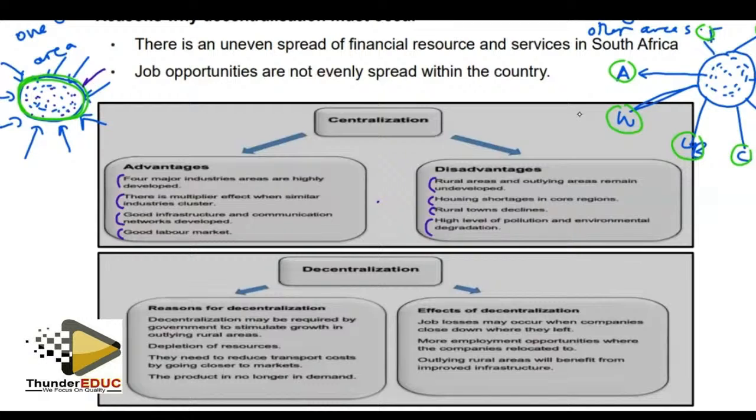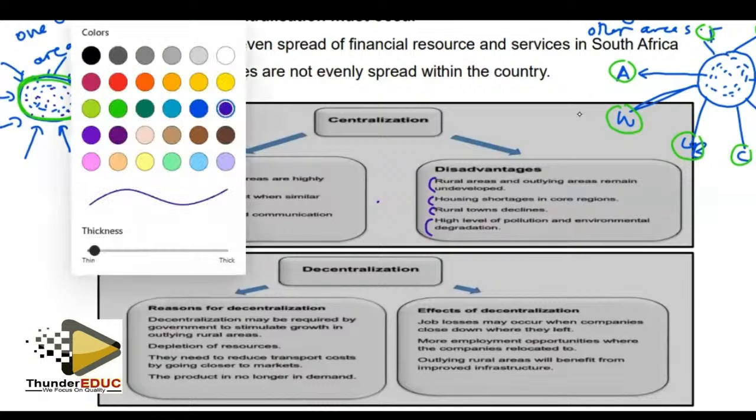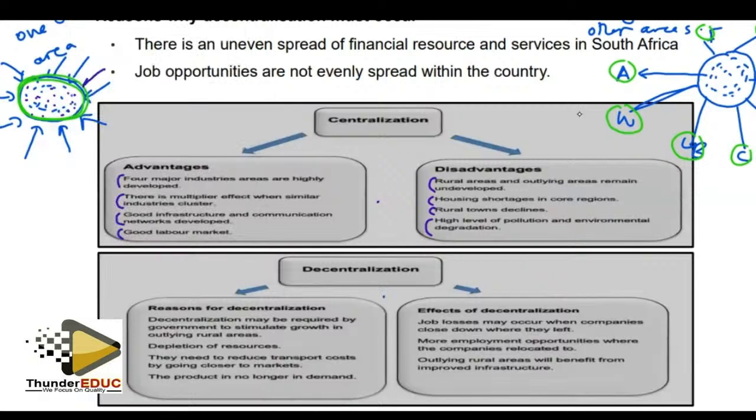Then, if you look at industrial decentralization, the reasons for decentralization here, they say decentralization may be required by government to stimulate growth in outlying areas.